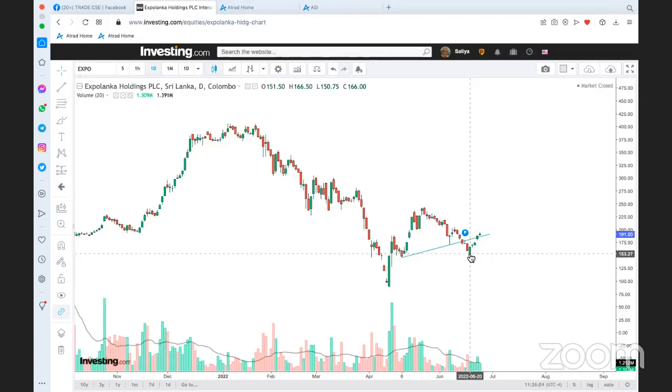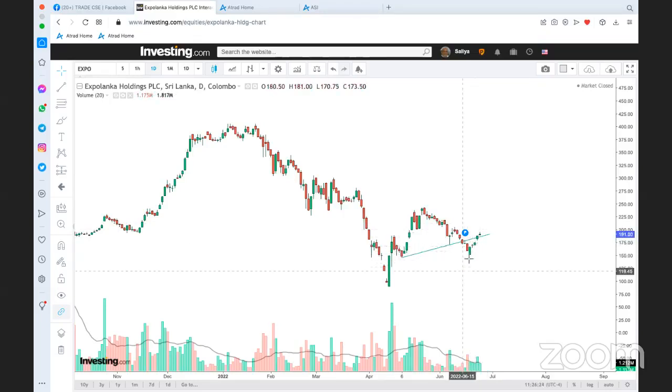Some people used to say that it will come down to this level, that level. Chances are there for it to come down, right? But now that this neckline is broken, we have to respect that uptrend.